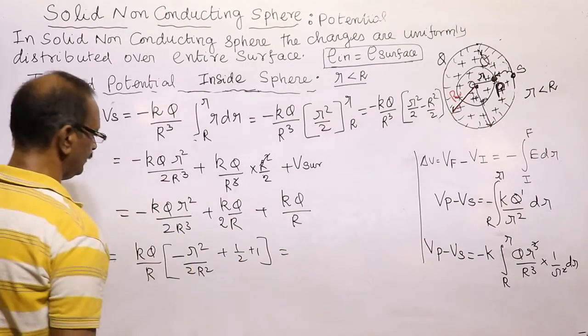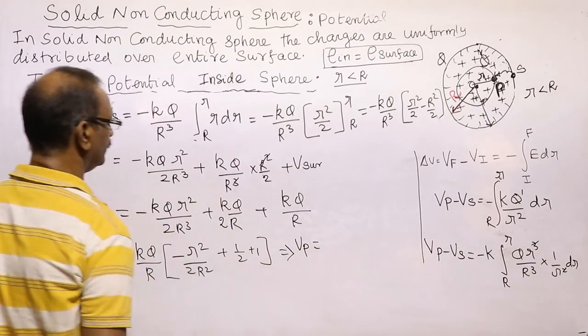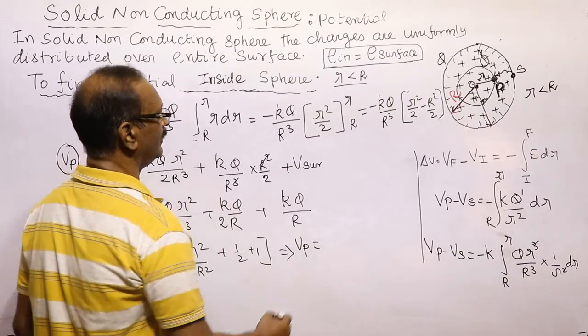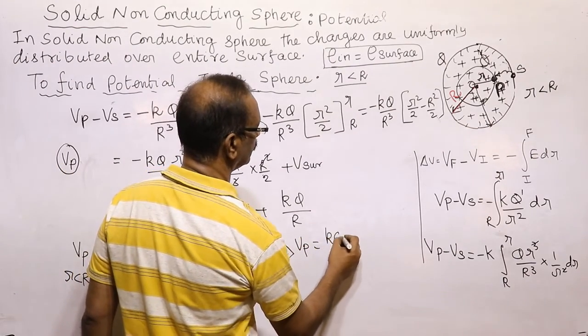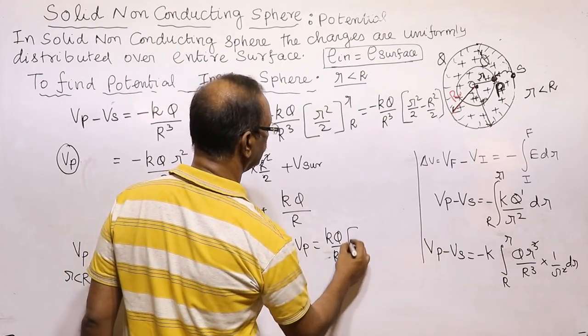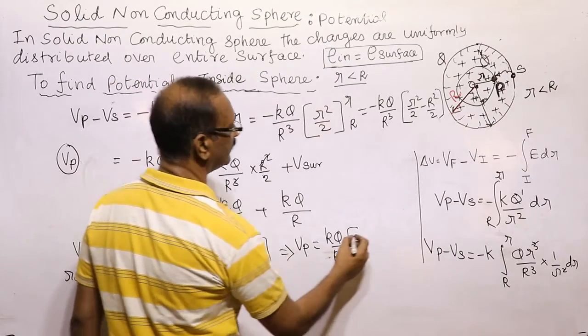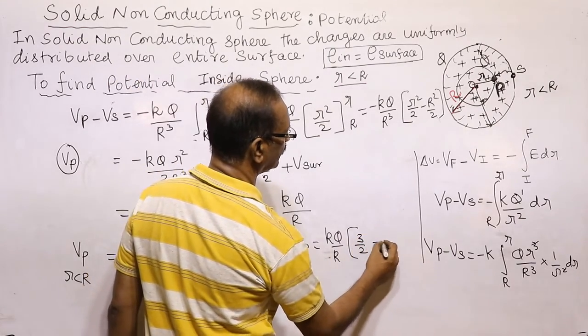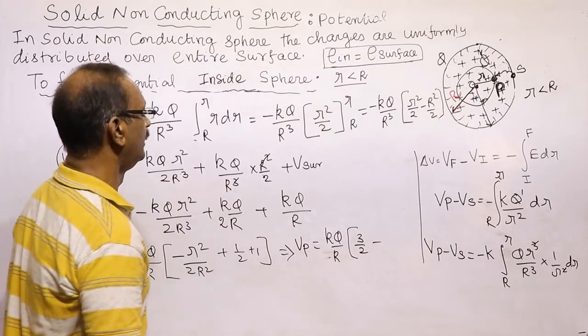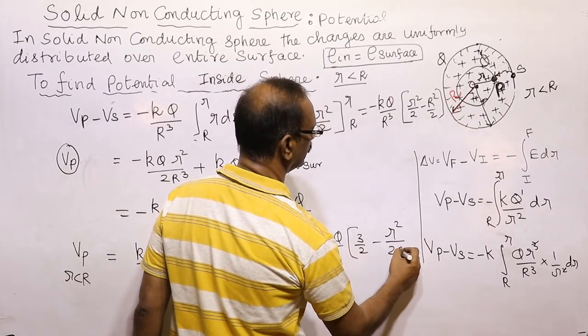So we can write the potential at point P is equal to kq by capital R into 1 plus 3 by 2. Since it is minus, we will take it as plus. We will take the second one, kq into r square by 2R square.